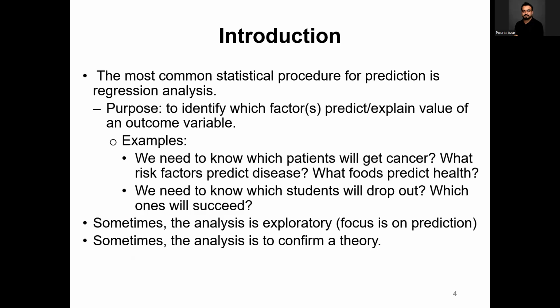Here we are predicting. So prediction is the core of regression analysis. We need to know which students will drop out, which ones will succeed. These are other examples. In order to answer these research questions, we need to run a regression analysis.